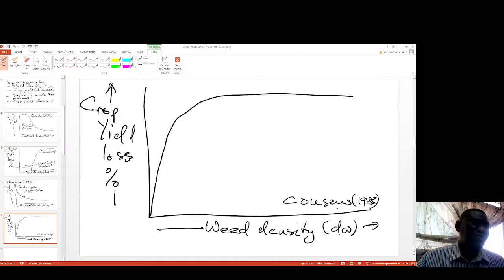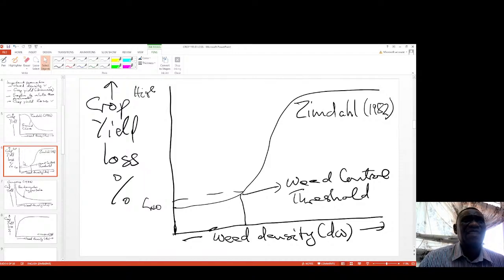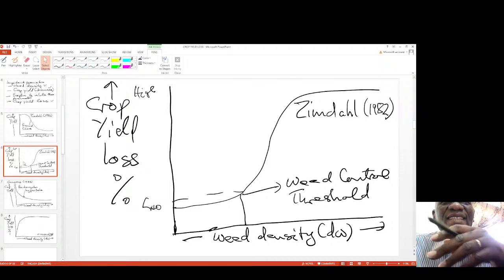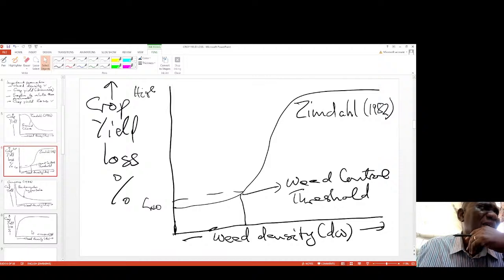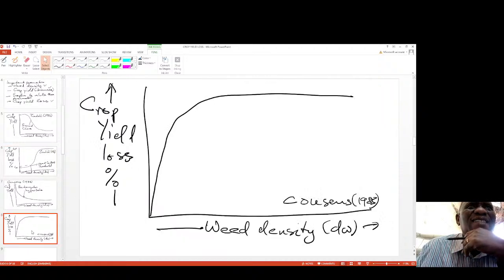So from Zimdar, this graph, there's a delay, and you can clearly identify the weed control threshold. But from Cousins, there's no delay. As long as there are weeds, you get serious crop loss.